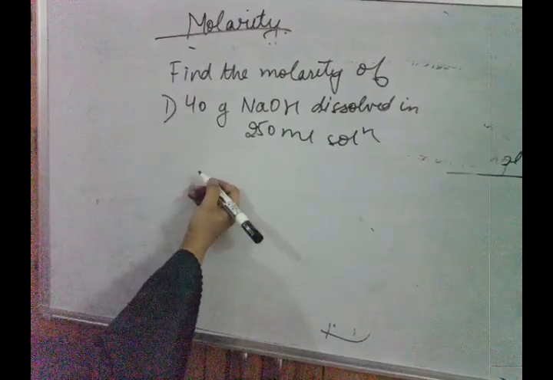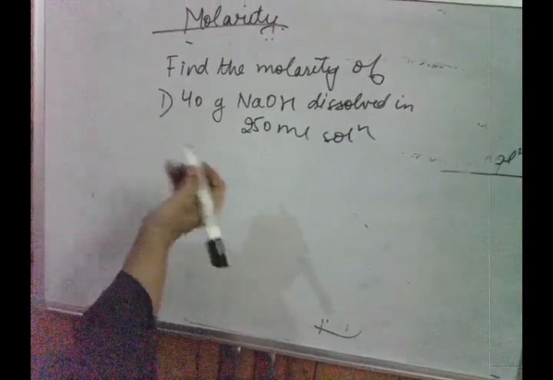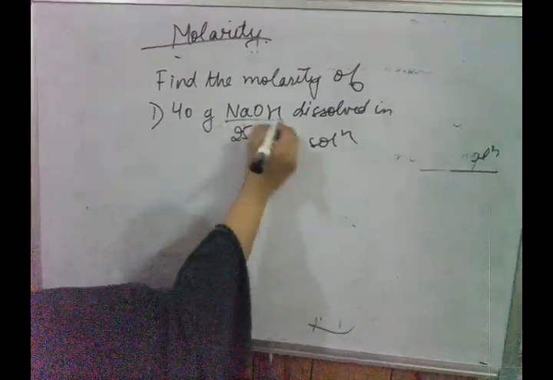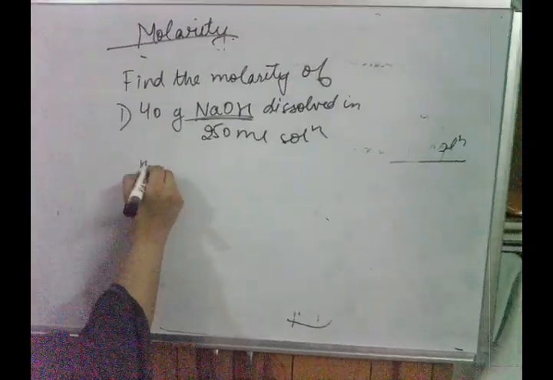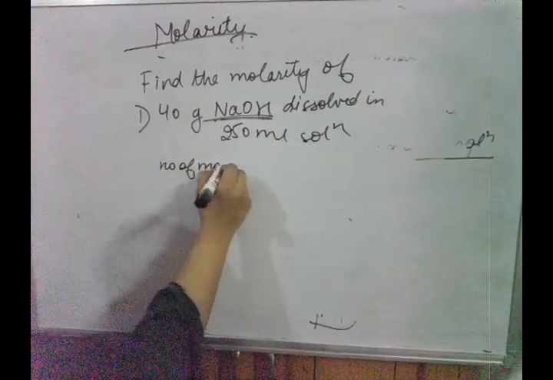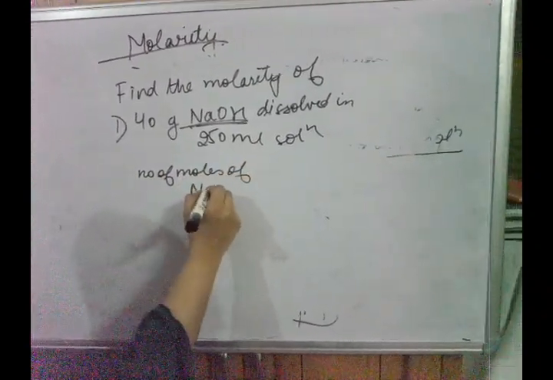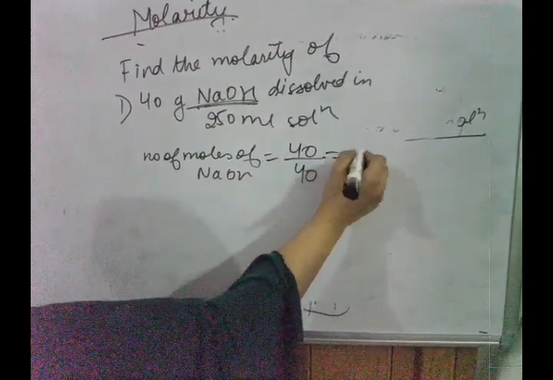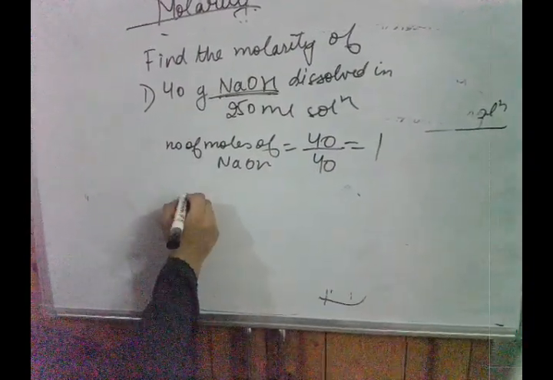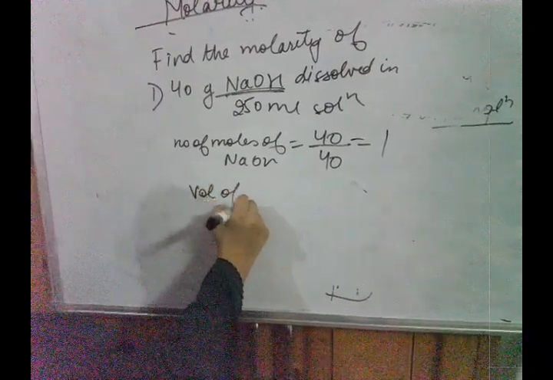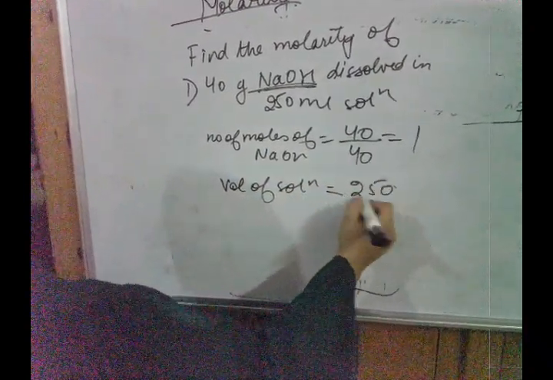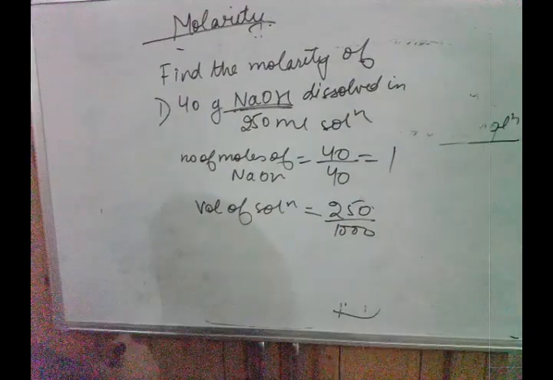Now by the formula, you should know the number of moles of solute. In this, the solute is NaOH. Number of moles of NaOH is given mass 40 by molar mass 40, which is 1 mole. And the volume of the solution should be in liters, and it is given in milliliters. So we will divide it by 1000.